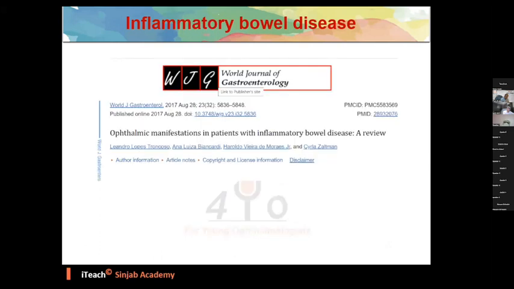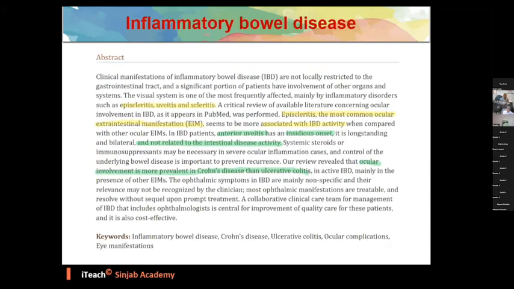According to the review published in the World Journal of Gastroenterology, ophthalmic manifestations in patients with inflammatory bowel disease were episcleritis, uveitis, and scleritis. Episcleritis is the most common ocular extra-intestinal manifestation, and seemed to be more associated with inflammatory bowel disease activity when compared with other ocular extra-intestinal manifestations.